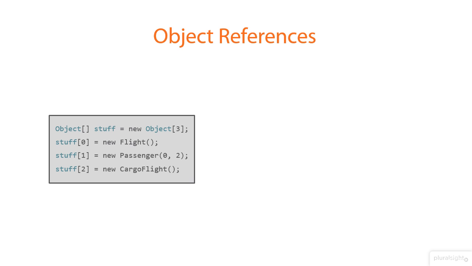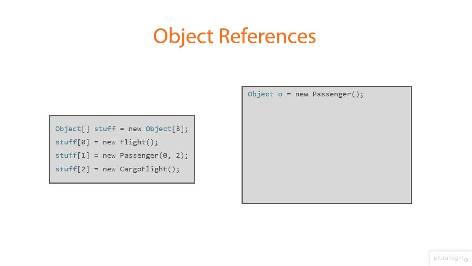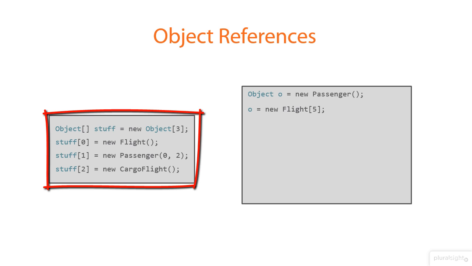To see what it's like to work with object references, let's declare object O that points to an instance of passenger. Once we do that, that same variable O can also be used to point to an array of flights. Now to be very clear here, on the left we made an object array that's pointing to lots of different class types.